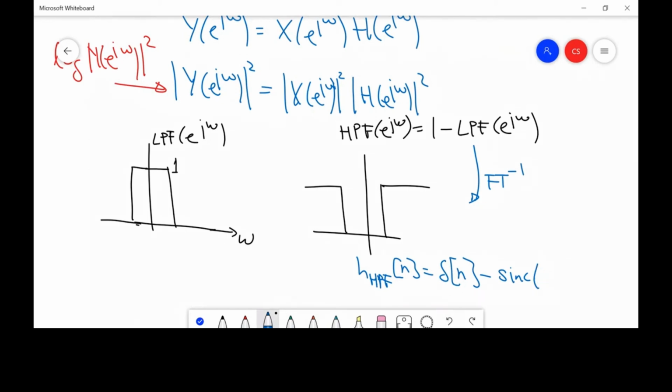The better notation is this one: a high-pass filter is a delta minus the impulse response of the low-pass filter.